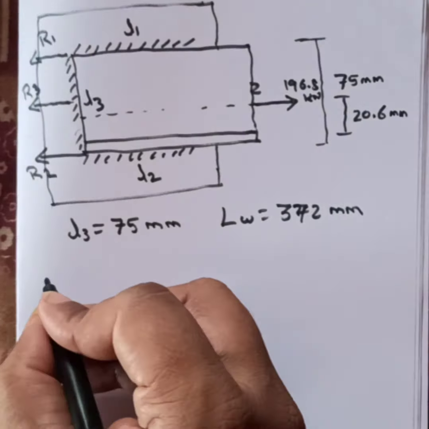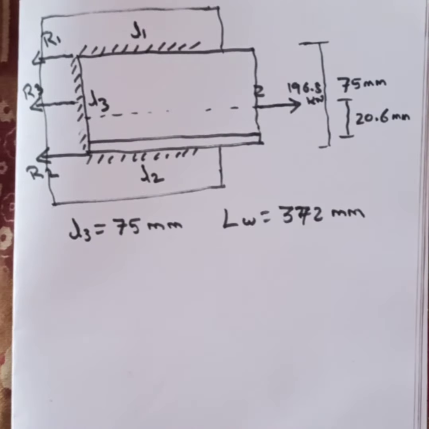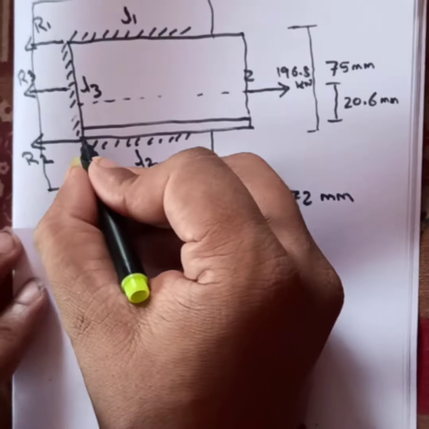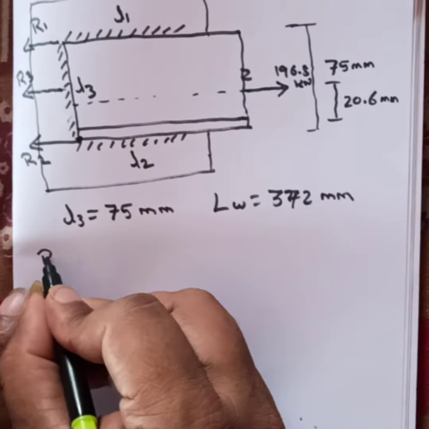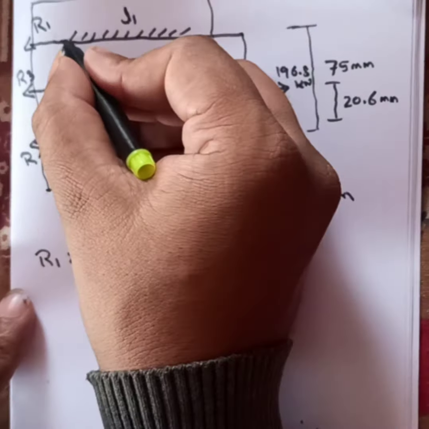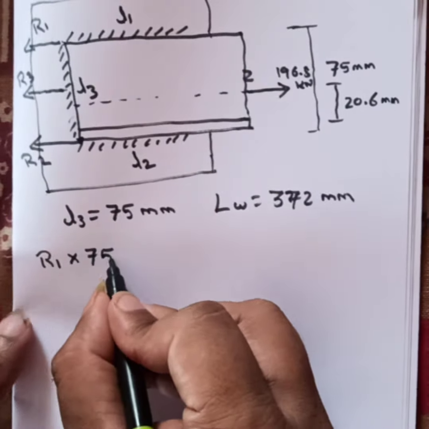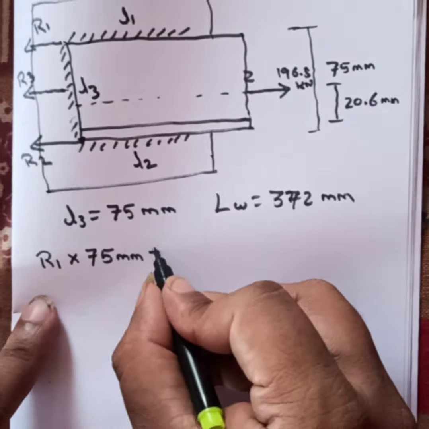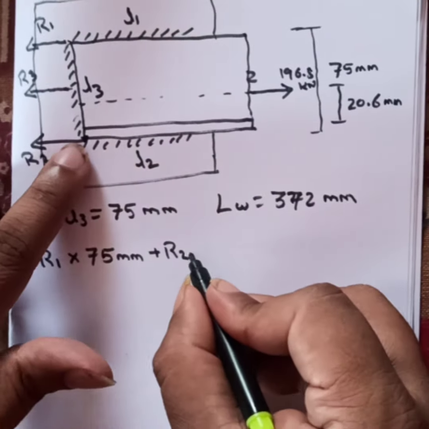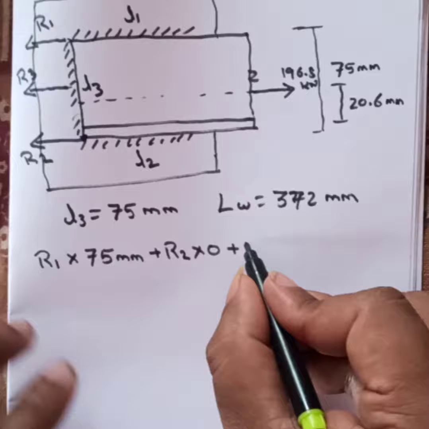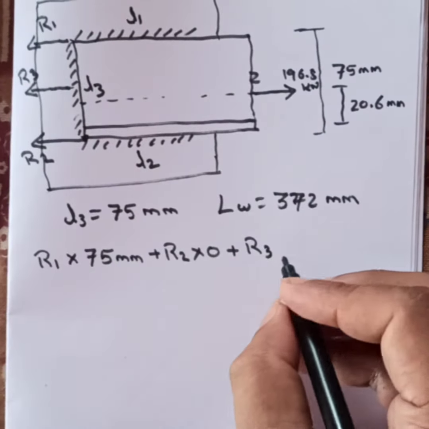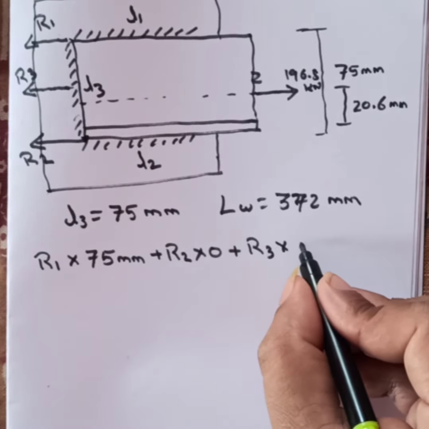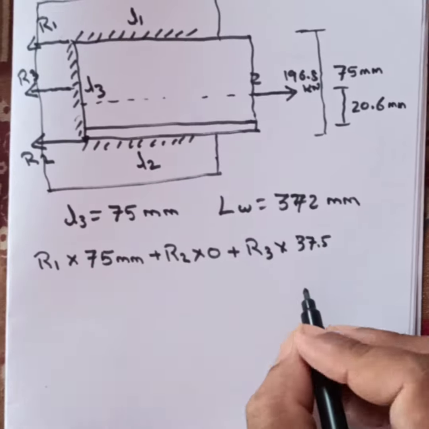Now again, applying Varignon's principle, let me apply it about the heel of the angle. So R1 at this point, R1 into this distance 75 mm, plus R2, there is no distance here, so 0, plus R3 is acting at the center of L3, R3 into 75 divided by 2, that is 37.5 mm.